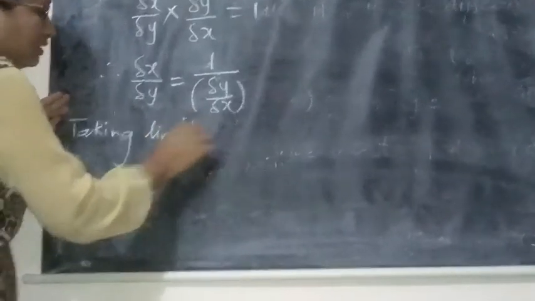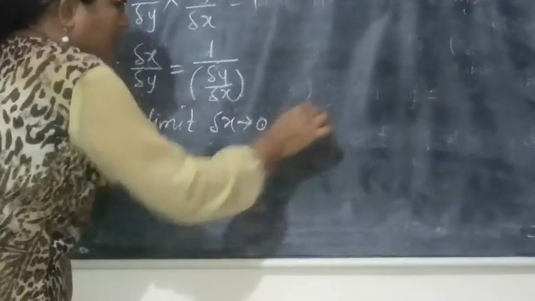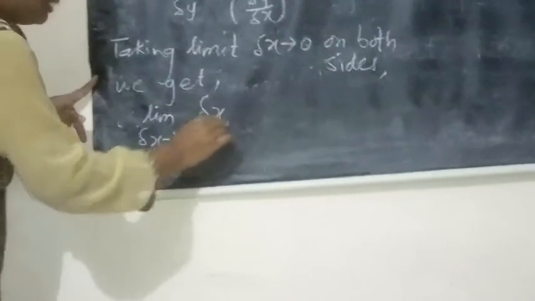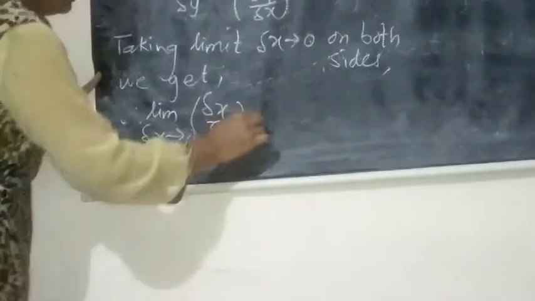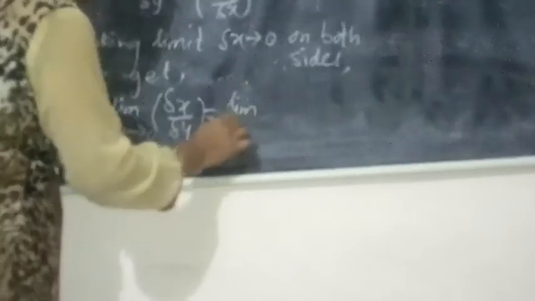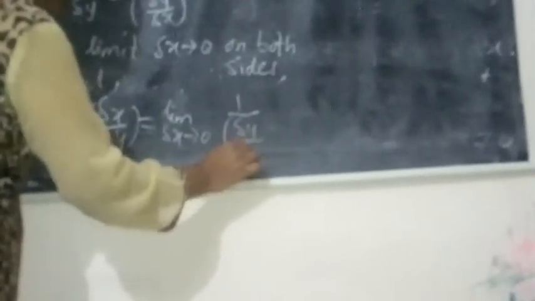Taking the limit delta x tends to 0 on both sides, we get limit delta x tends to 0, delta x upon delta y is equal to limit delta x tends to 0, 1 upon delta y upon delta x.